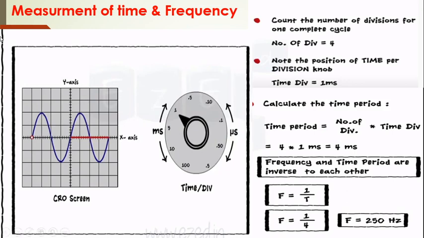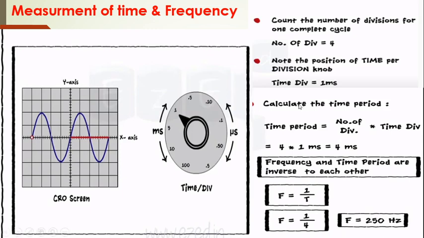Now next, how do you calculate frequency? For calculating the frequency, count the number of divisions for one complete cycle. From this figure, for one complete cycle, from this point to this point, that is also 1, 2, 3 and 4. So the number of divisions is equal to 4.